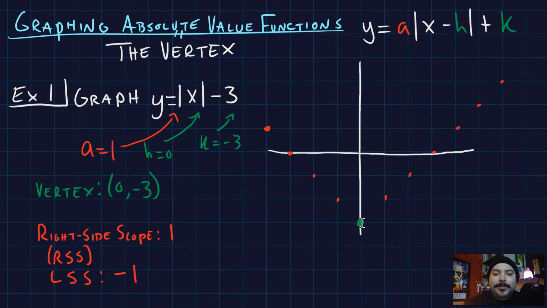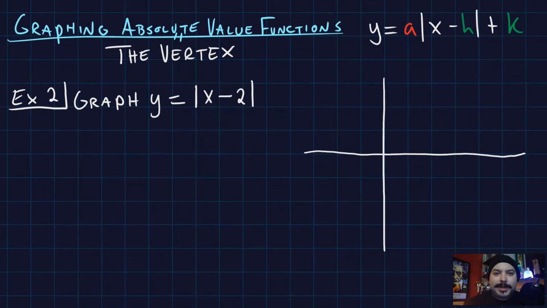So from the vertex, we go up 1, right 1, then up 1, right 1, and continue that pattern. On the left-hand side, we have a slope of negative 1, so starting from the vertex once again, we go up 1, left 1, up 1, left 1, and so forth. Now we can draw a line through our points for both of these two lines, and we have graphed our absolute value equation.